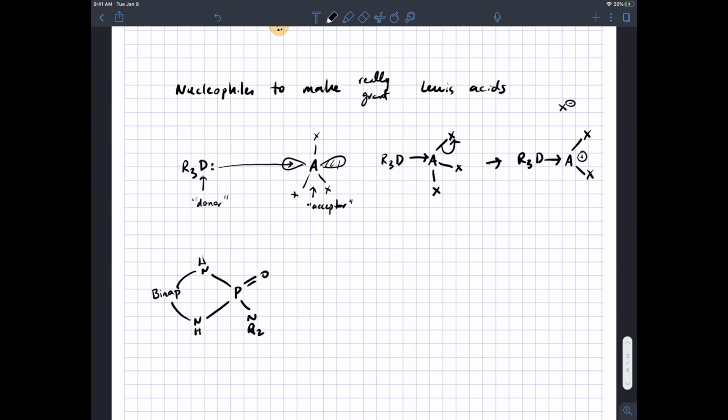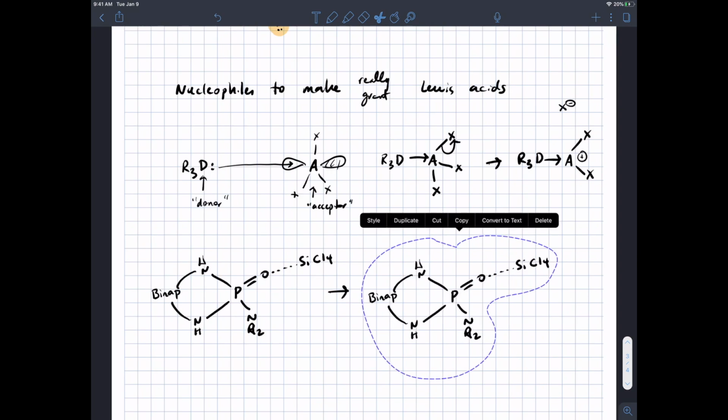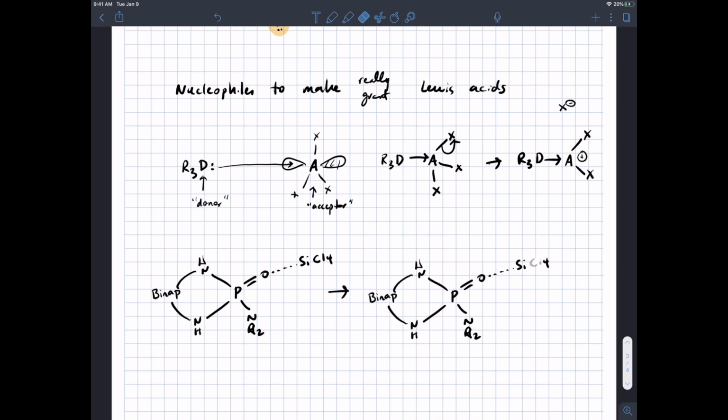The authors added silicon tetrachloride as a Lewis acid, and the carbonyl oxygen interacts with the silicon and causes one of the chlorines to leave, so that now the silicon is even more Lewis acidic.